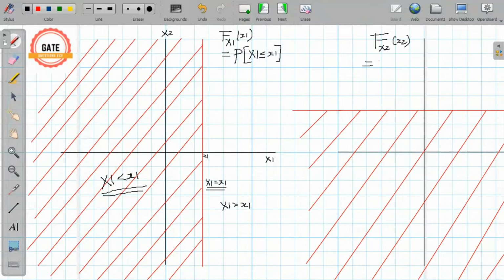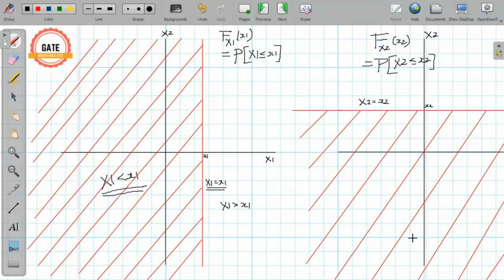So it is the probability that X2 is less than or equal to small x2. On this x2 axis, suppose this point is small x2, and the line that is passing through this point is capital X2 equal to small x2.